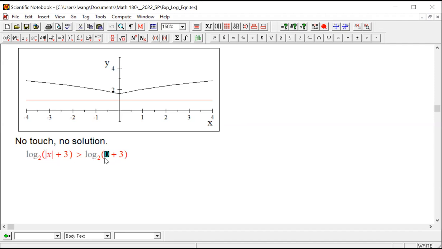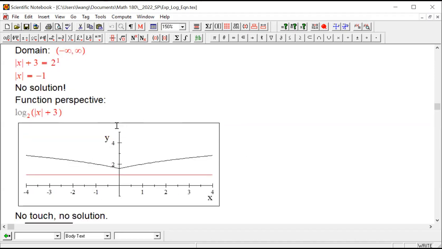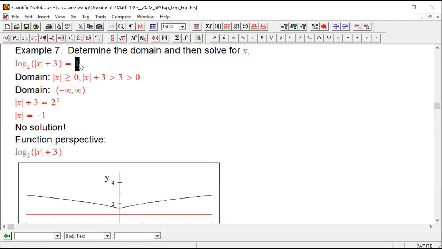So I take the 0 to substitute absolute value of x. Of course, the entire thing is going to be less than the original. And this piece is also going to be larger than log base 2 of 2, which is 1. So this whole thing is larger than 1 for sure. Of course, it's never going to be equal to 1, because it's always larger than 1.